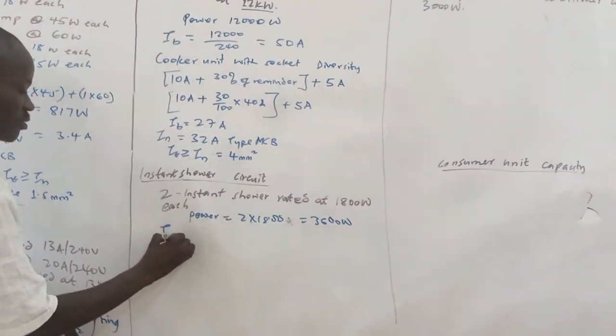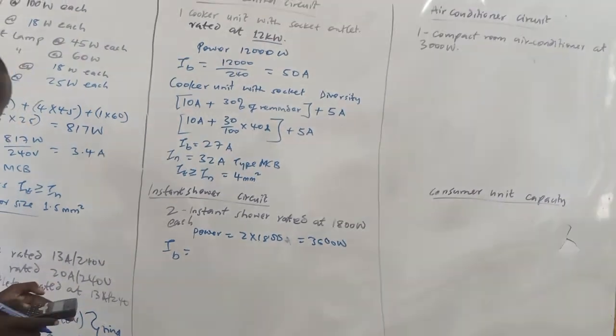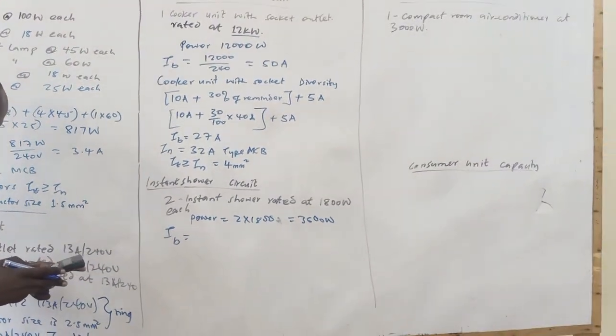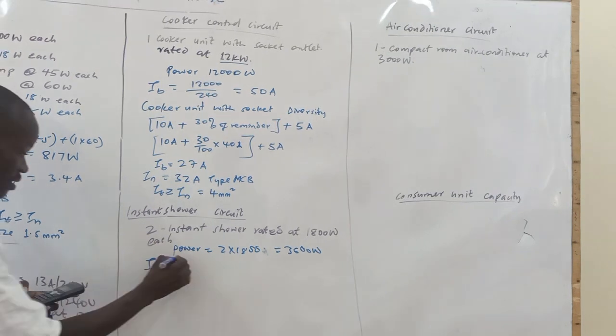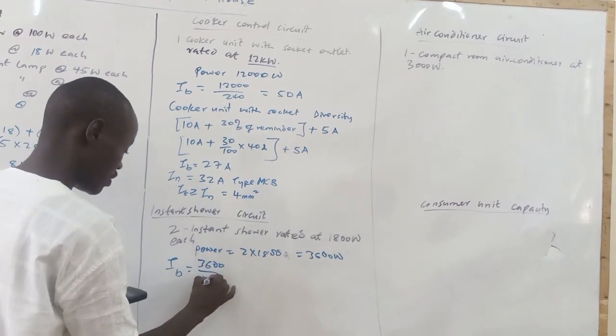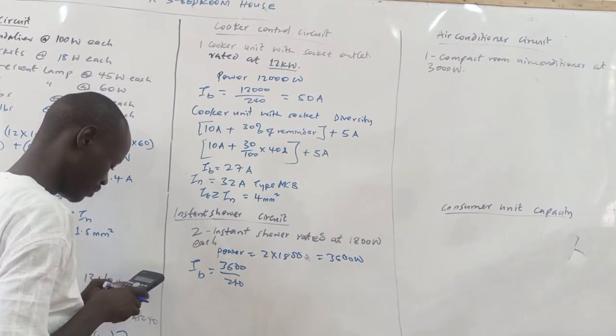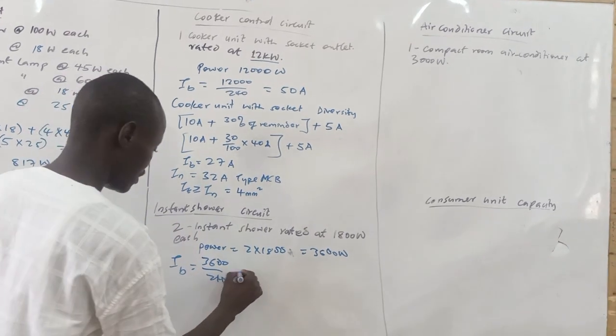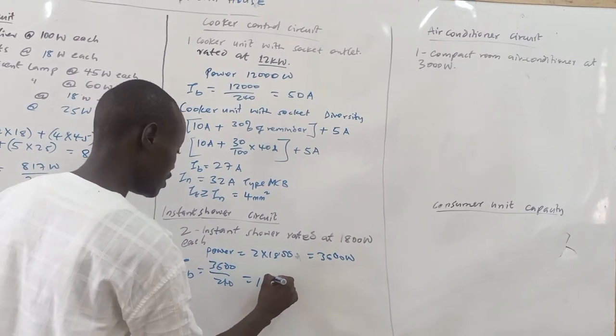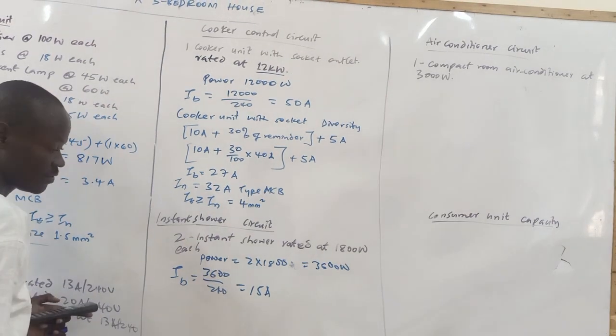So we proceed again to IB. IB will be 3600 over 240, that is 15 amperes. So the design current is 15 amperes.